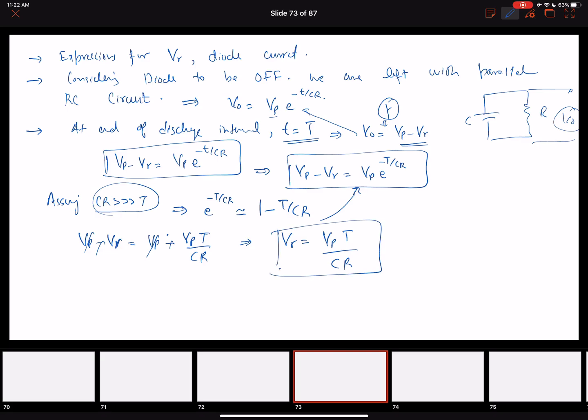All right. So this is how we can find the value of the ripple voltage, and we know that since time is equal to 1 over frequency, you can also represent this ripple voltage as Vp over fCR.